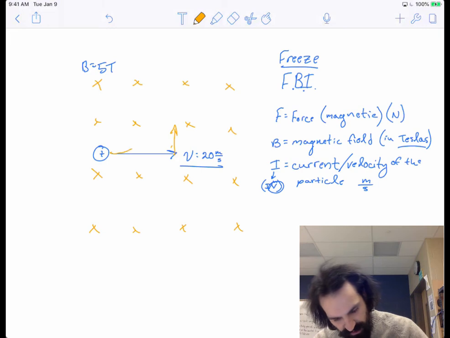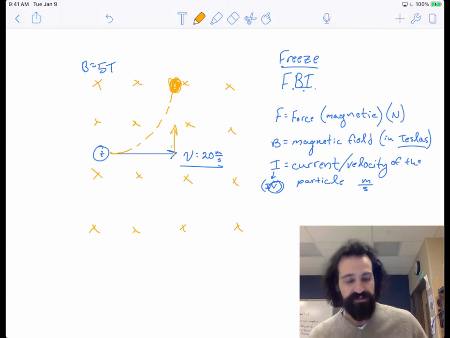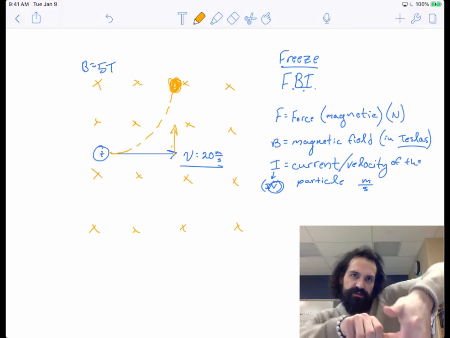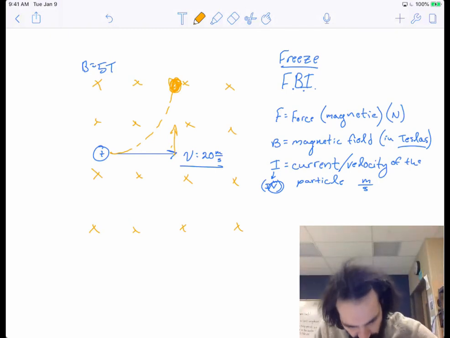So eventually that's going to cause the particle to be going upwards. Well, when the particle is going upwards, the magnetic field is still into the page, but the velocity is now up. At that moment in time, the force is to the left.